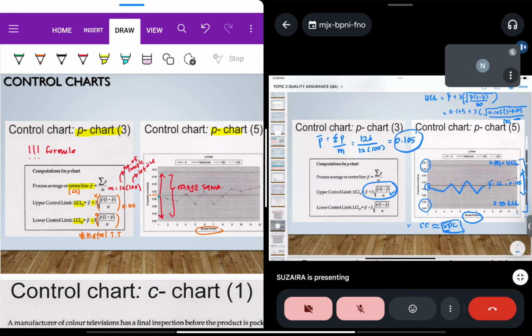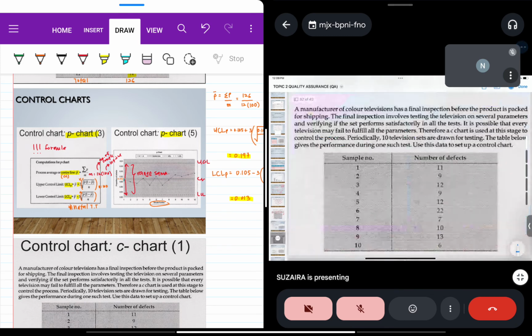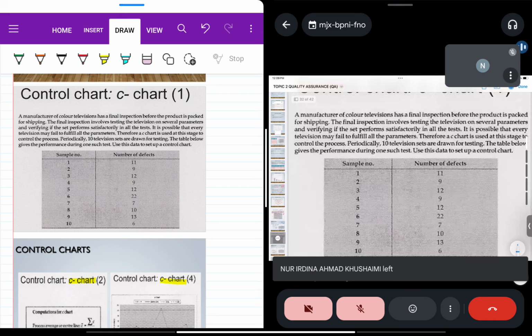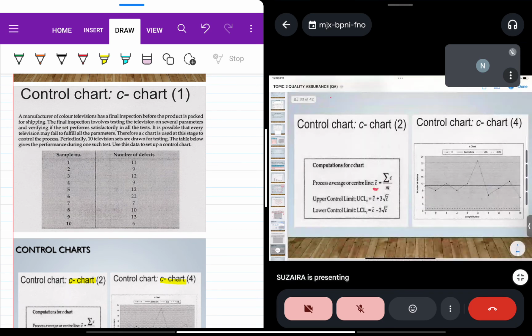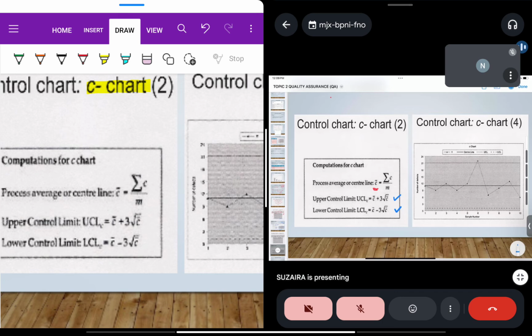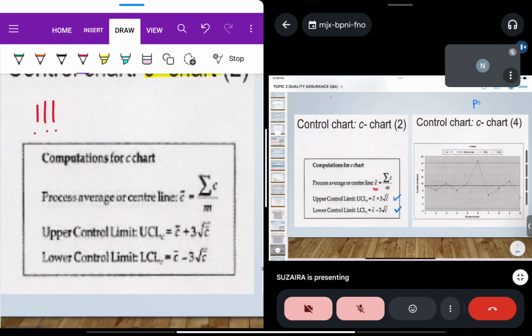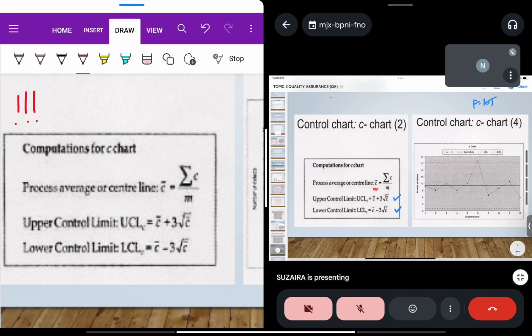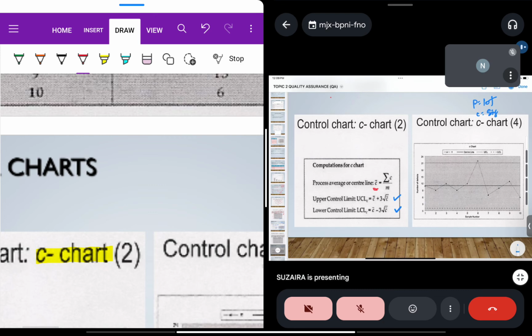Don't worry, I think I have one example that we can do after this, but I would like to go with the C chart first. The C chart is more direct if you look at the equation, compared with the P chart just now. The P chart is more towards measuring defects in a lot, but the C chart is more towards measuring defects in a single product.